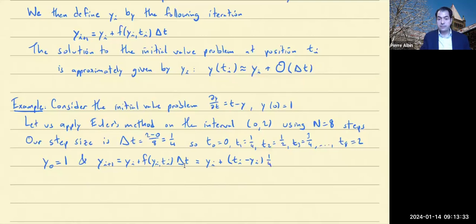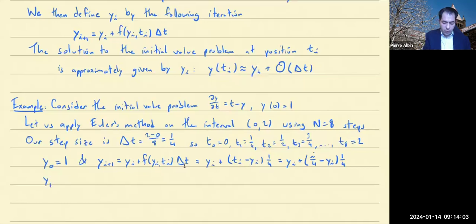And t_i is just i over 4. So here is our formula for the updated y. If you give me y_i, then we plug it into this formula and we end up with y_{i+1}.